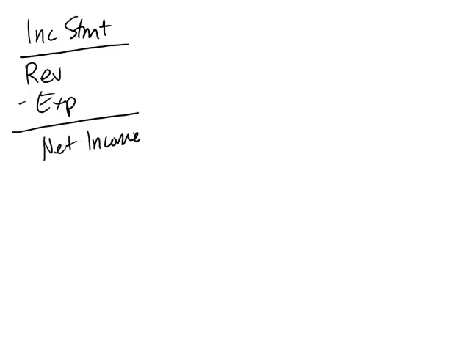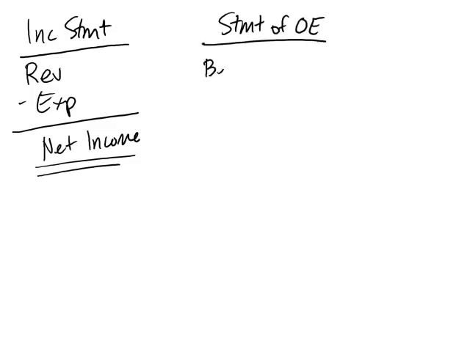Alright, so we're going to put revenues. He had that $7,500 revenue. I'm just doing the shorthand version here to get the formulas out there. So we're going to do the revenues minus all the expenses to give us net income. The second one is a statement of owner's equity. We're going to put his beginning capital, which was 0 in this case because it was the first month.